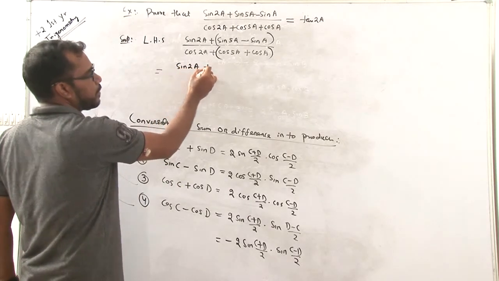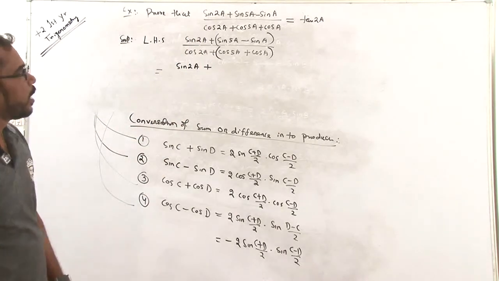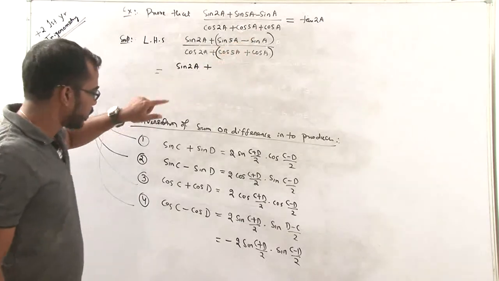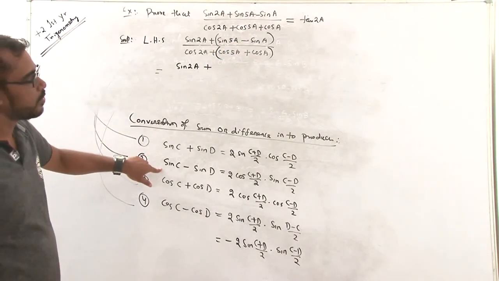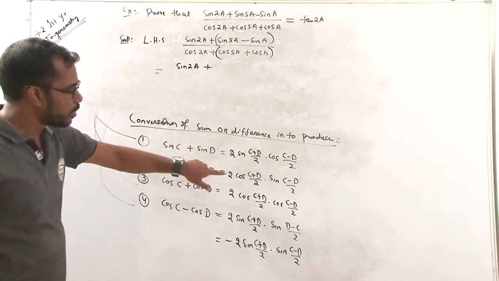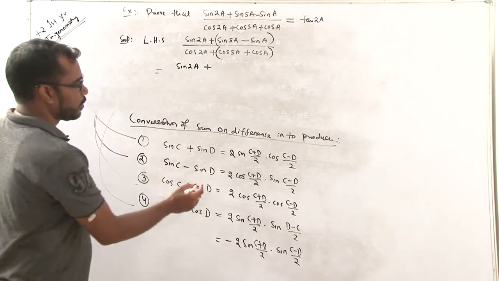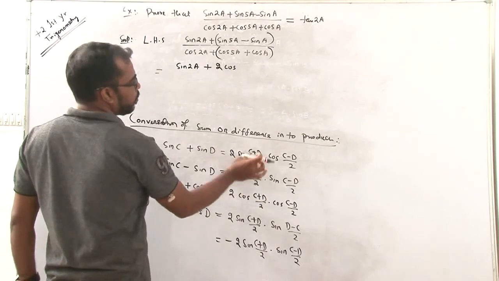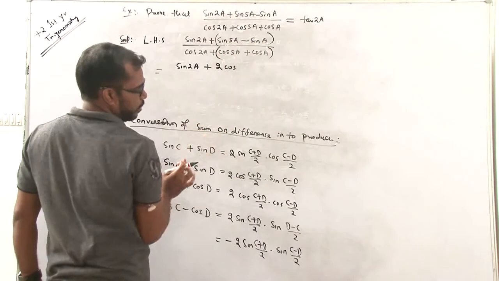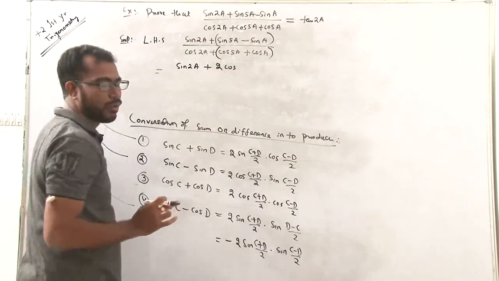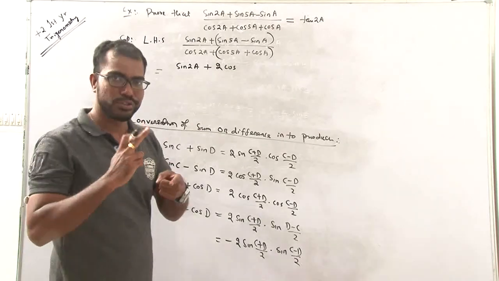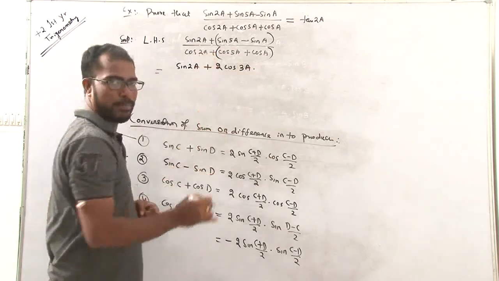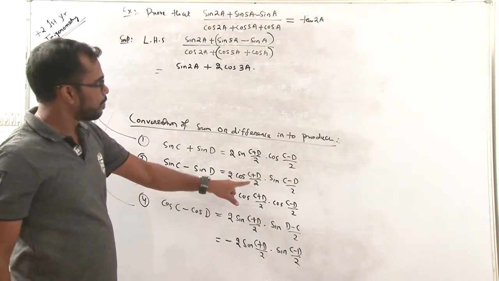Here sin 2a plus, now we apply the formula sin C minus sin D, the second formula. According to the formula, 2 cos (C plus D)/2, that means (5a plus a)/2, that is 6a/2, which is 3a.